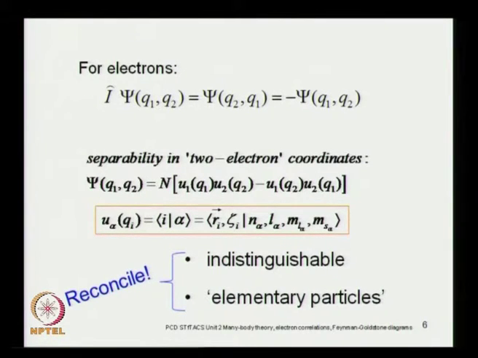but the 2 electrons are indistinguishable, and this is indicated over here: the 2 electron wave function is written as a product of 1 electron functions which respects the elementary nature of the 2 electrons, but then it is a superposition of these two states, electron at q1 in the quantum state 1 and electron at q2 in the quantum state 2, and the other possibility that the electron at q1 is in the quantum state 2 and the electron at q2 is in quantum state 1.